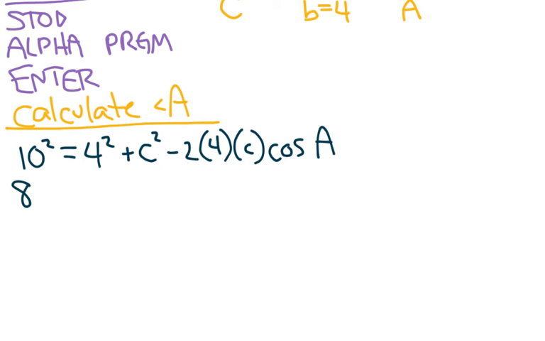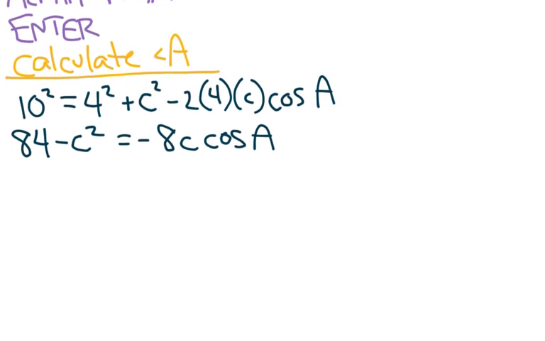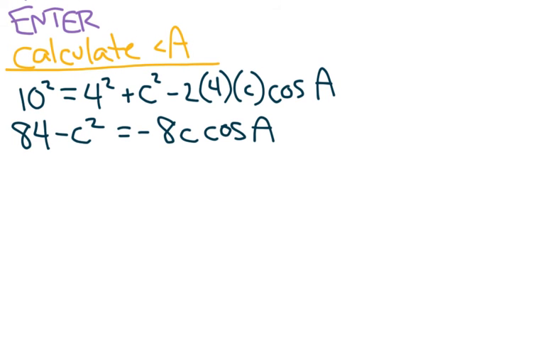Okay, so I have 100 minus 16, which is 84, minus c squared equals negative 8c cosine A. So that's the algebraic work that's happening, and so now at this point we want to basically isolate cosine A. So what we'll do is divide by negative 8c. So we have 84 minus c squared over negative 8c, which is our cosine A.